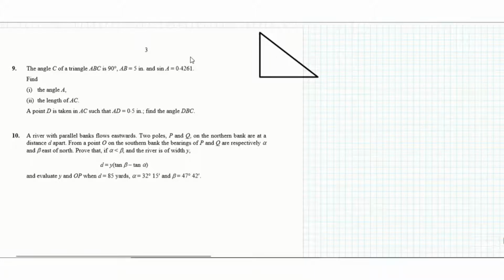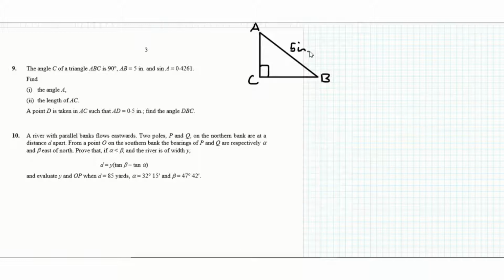And we'll mark the 90-degree angle. And the triangle is ABC, so call this A, B, and we know AB is 5 inches, okay?